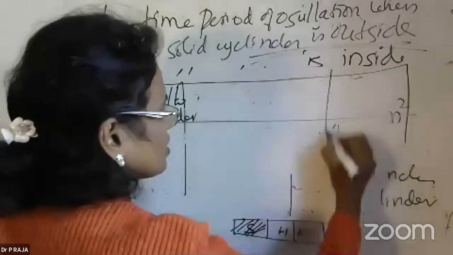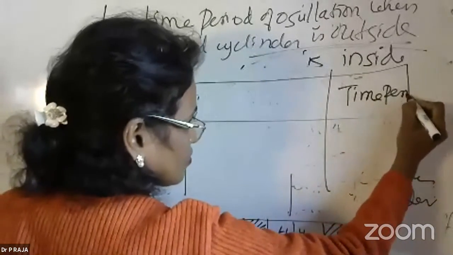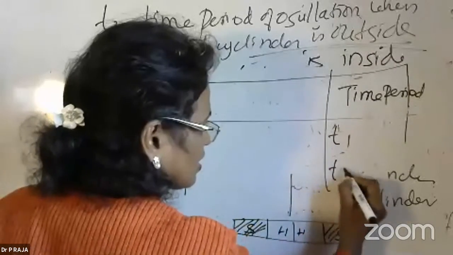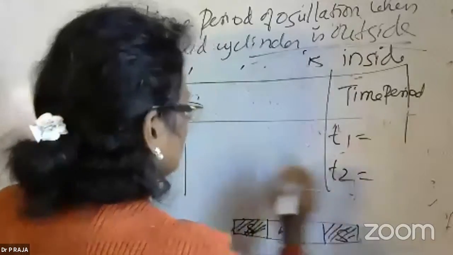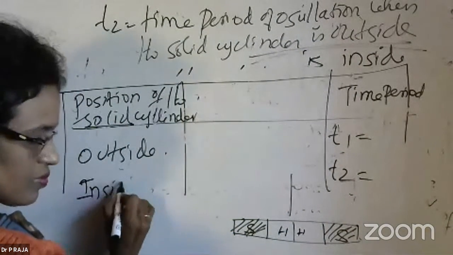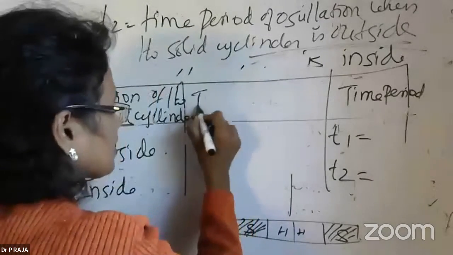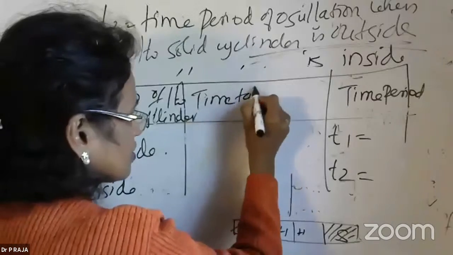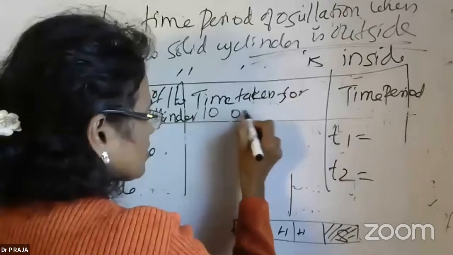Here the time period will be T1 and T2. You will find out what T1 is here: outside and then inside. You will take the time taken; 10 oscillations is enough.